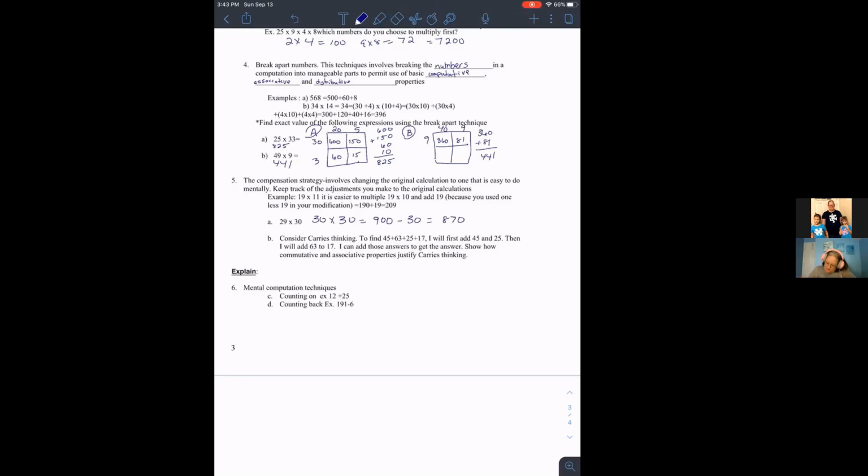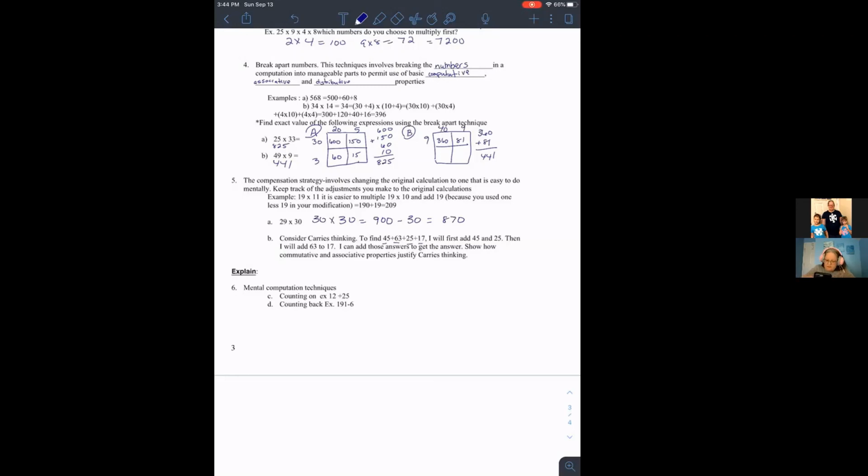B, consider Carrie's thinking to find 45 plus 63 plus 25 plus 17. I will first add 45 and 25. Then I will add 63 to 17. I can add those answers to get the answer. Show how commutative and associative properties justify Carrie's thinking.